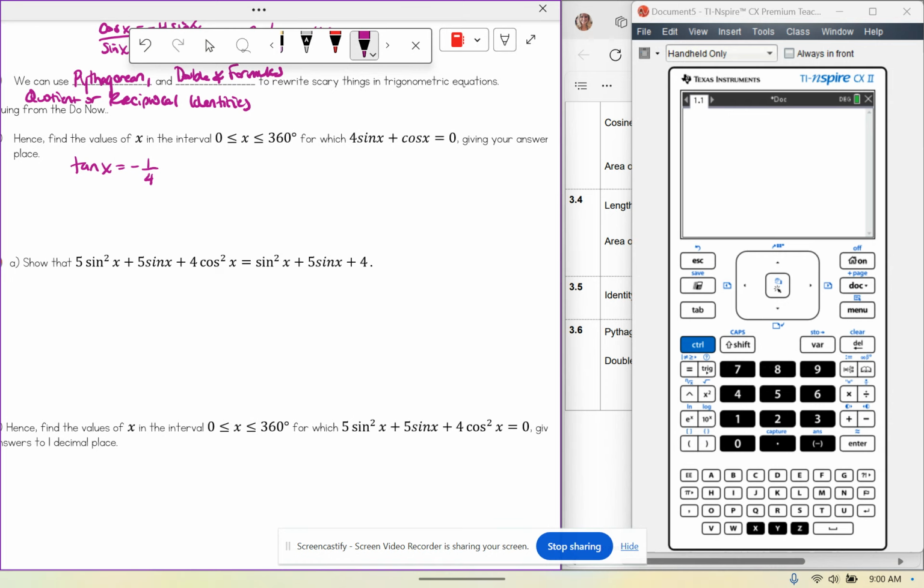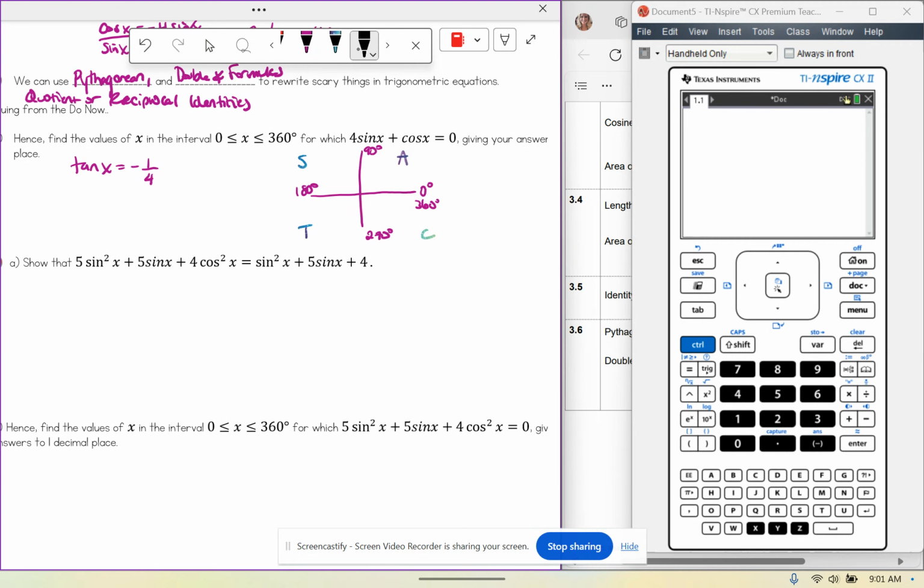And I'm looking for the solutions on the interval from 0 to 360. One full rotation. Okay, so if I am looking for where the tangent of x is equal to negative 1/4, I am going to use my knowledge of where things are positive or negative in the coordinate plane and decide where my solutions are going to be located.